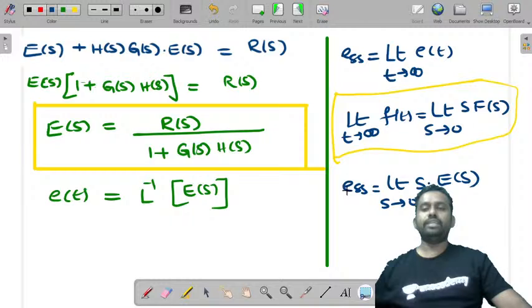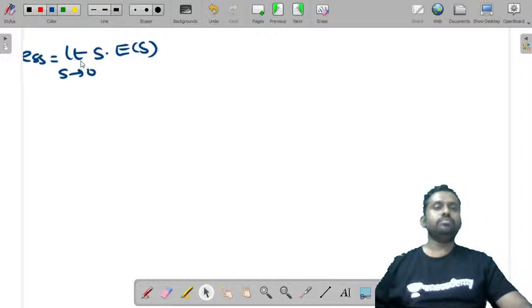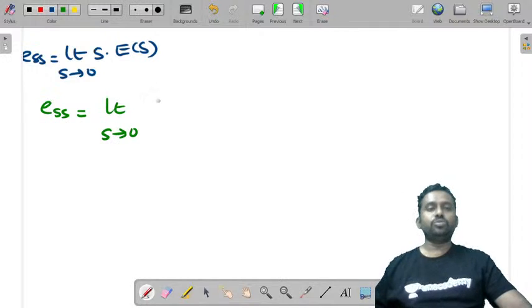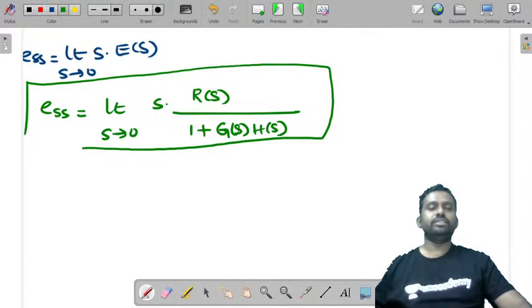So we'll take this to the next slide and write an expression for ESS. Therefore, ESS is equal to limit s tends to 0 s into E of s, which is R of s by 1 plus G of s into H of s. This is the expression for steady state error.